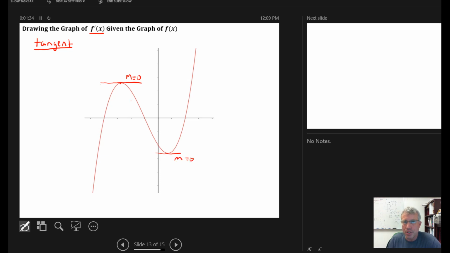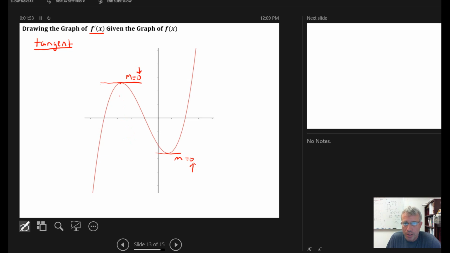So this tells us that at the x-coordinate for which the tangent line is horizontal, the derivative has to be 0 because the value of the derivative will be the slope of the tangent line.